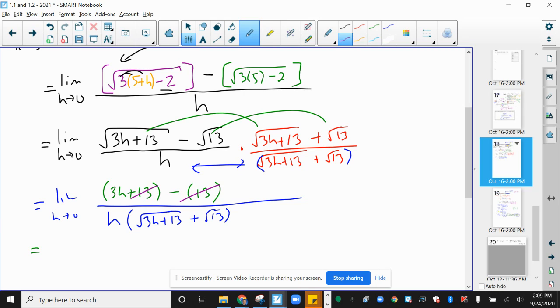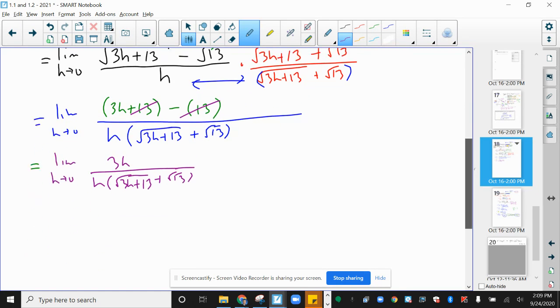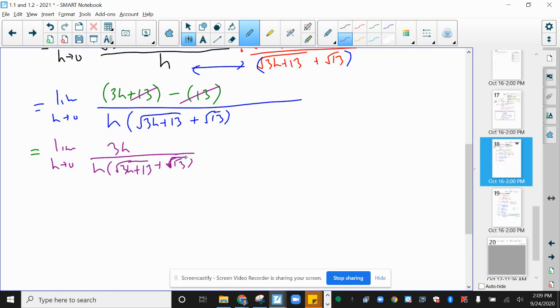Hey, look, 13 minus 13. That was nice. So now it's just 3h on top. And then we've still got our nice denominator here. Now we can finally see why this was indeterminate all along.